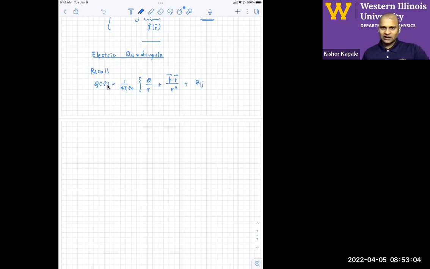This is not a charge; now it's a tensor quantity. It has two indices, multiplied by 3 Ri Rj minus R squared delta ij over R to the power 5, plus dot dot.